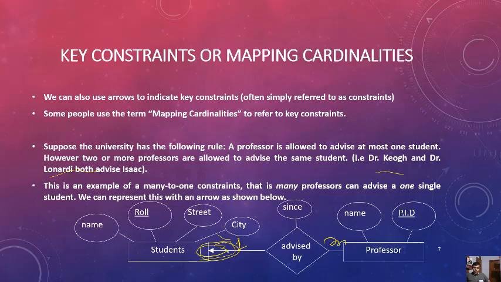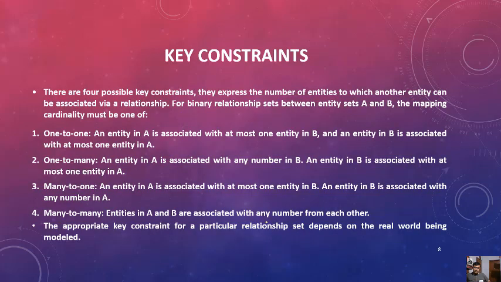There are four possible key constraints that express the number of entities to which another entity can be associated via the relationship. For binary relationship sets between entity sets A and B, the mapping cardinality must be one of these four. The first one is one to one.